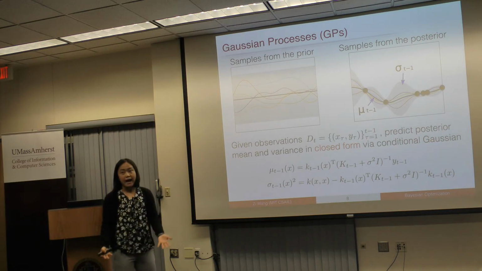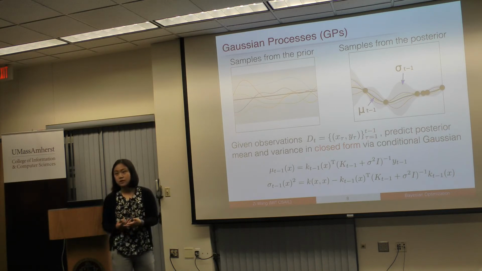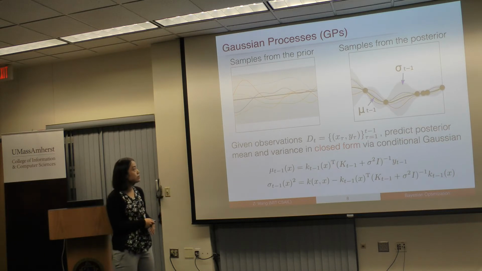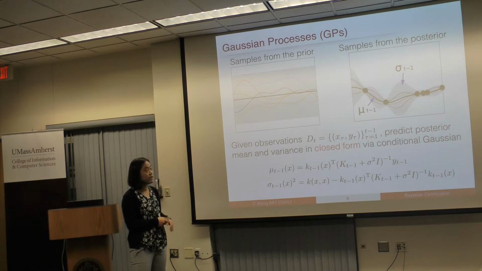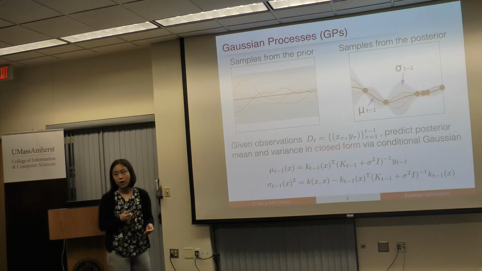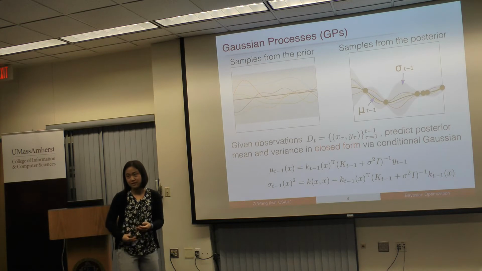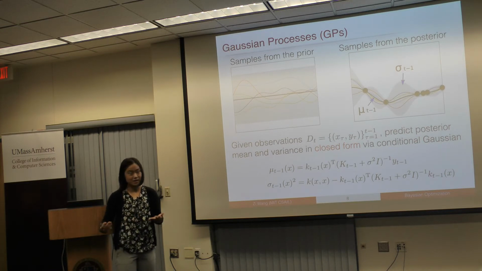Once we have some observations of the function we're trying to model, we can condition on those observations and get the posterior for our Gaussian process, which luckily is also a Gaussian process by itself.